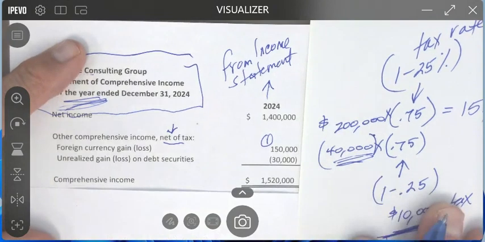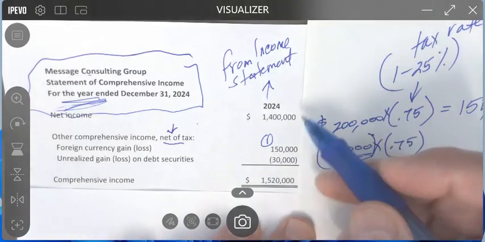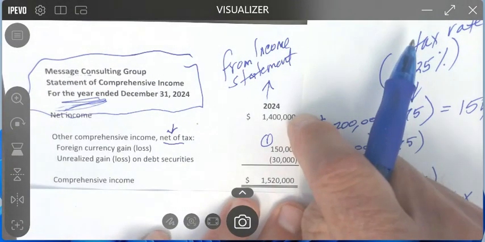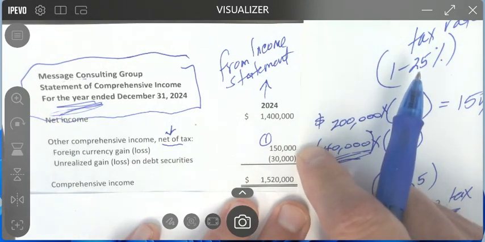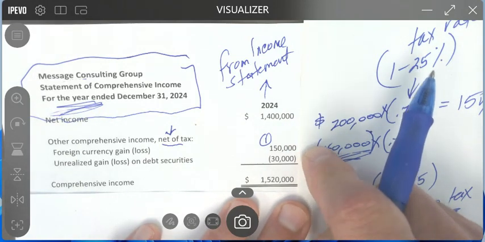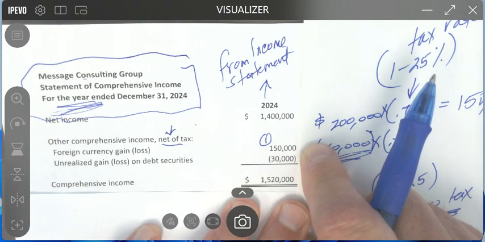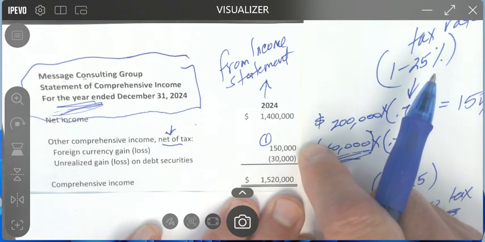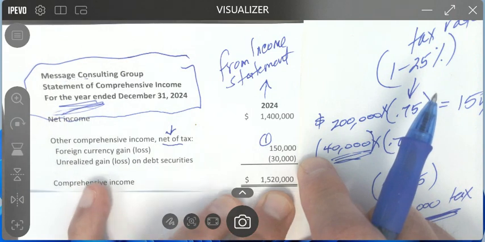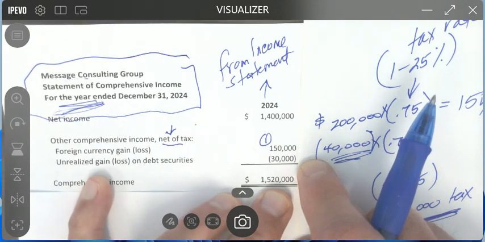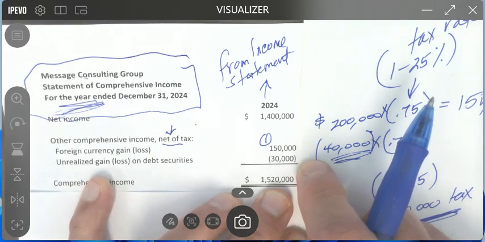And therefore, comprehensive income is the $1.4 million of net income plus the $150,000 of income net of tax on the foreign currency gains, minus the unrealized loss on debt securities net of tax.